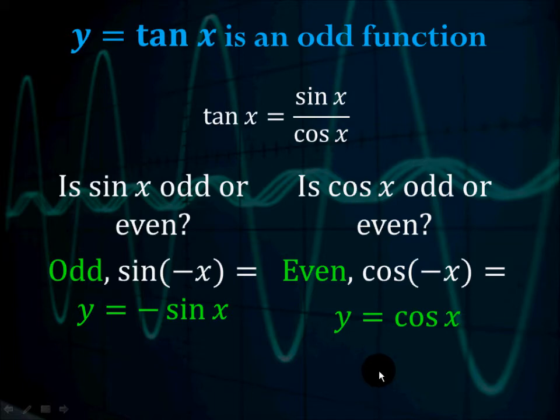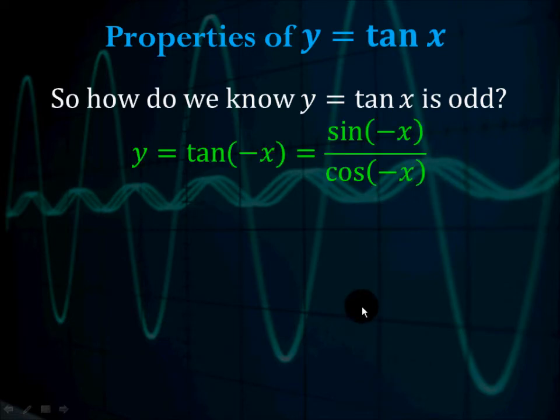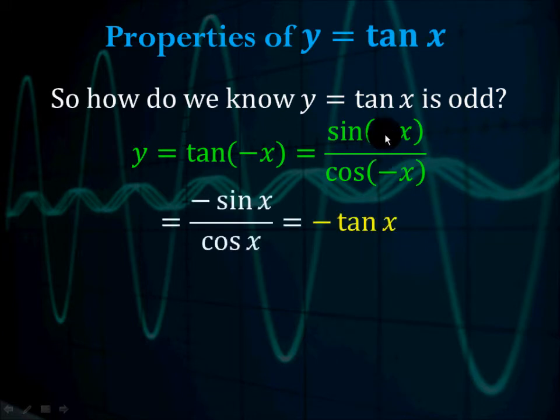Now when you put these two together, how do we know that tangent is odd? Well, we know that y equals tan negative x equals sine negative x over cosine negative x. So we're just doing the same thing with tangent that we did with sine and cosine, checking whether it's odd or even by substituting in a negative x where there was an x. Based on what we did on the last screen, sine of negative x equals negative sine x, and cosine of negative x equals cosine of x.